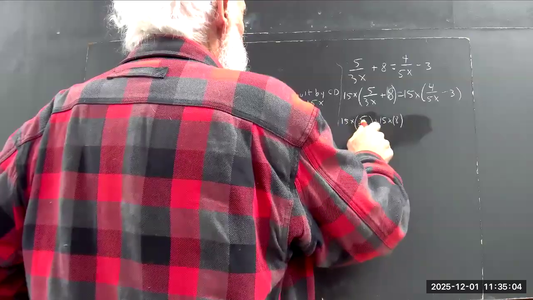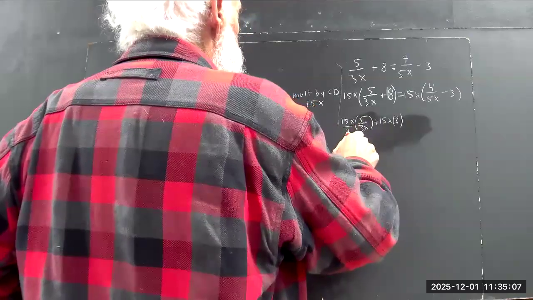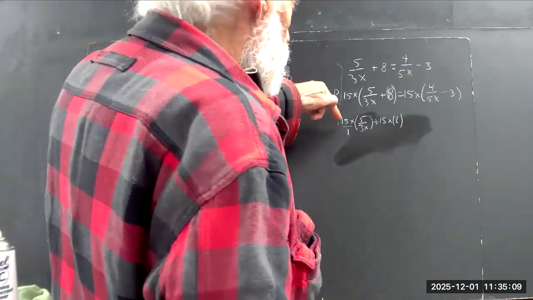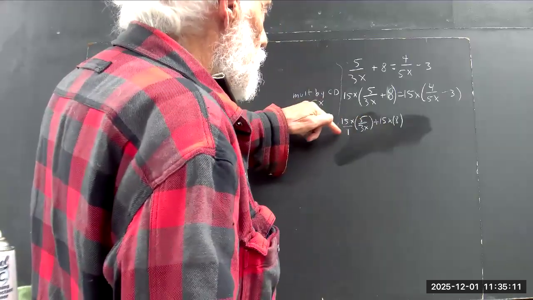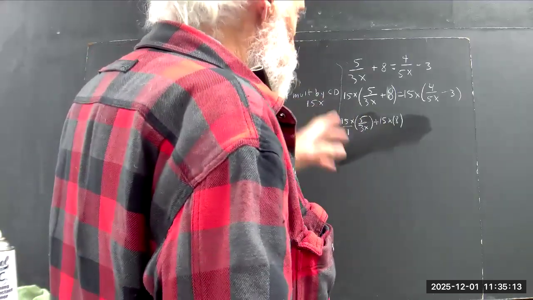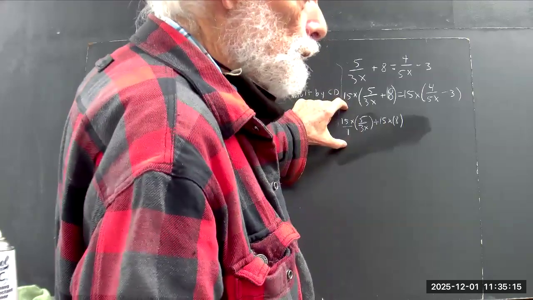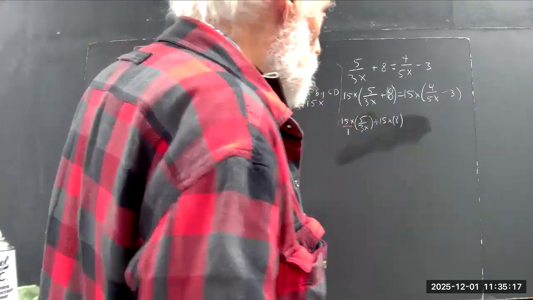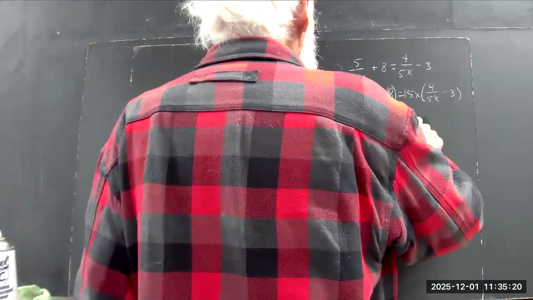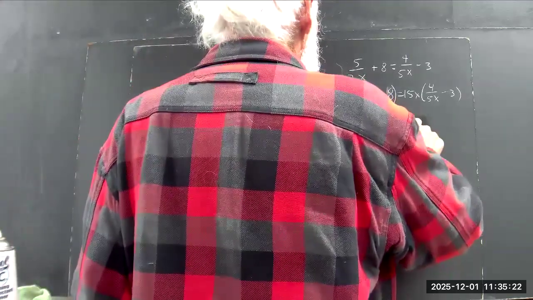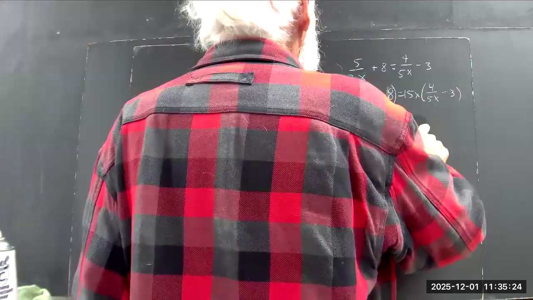Now, 15x here multiplying, we want to go ahead and put a 1 here so we know that we can multiply the numerators and multiply the denominators. There's still some confusion on that idea. You might or might not be confused by that. If you aren't, well, all I can say is be careful.